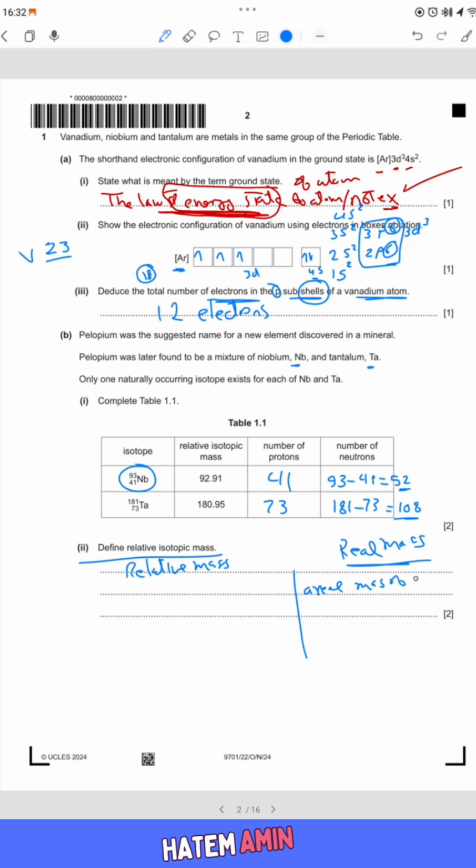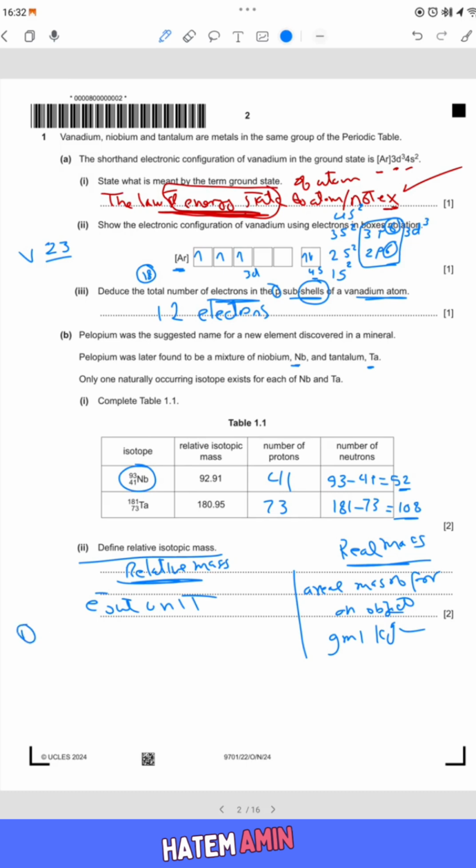It has a unit like gram, kilogram, or something like that. But the relative mass, or any relative mass, is without unit. What relative masses do we have in our curriculum?